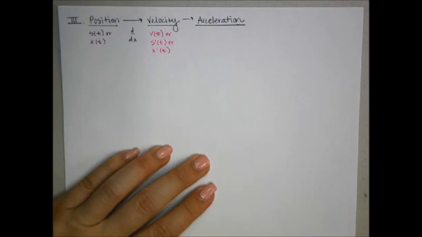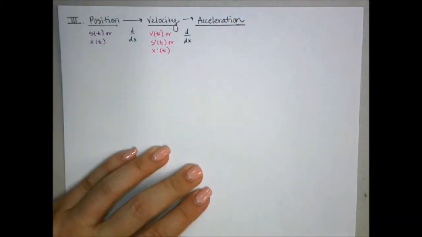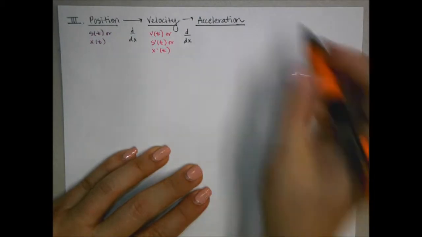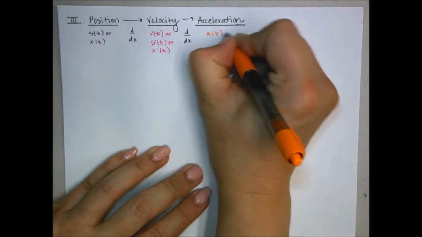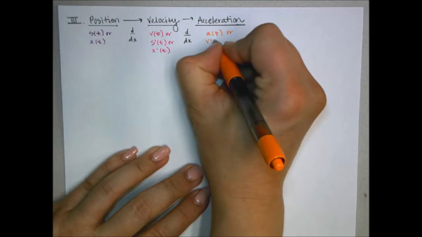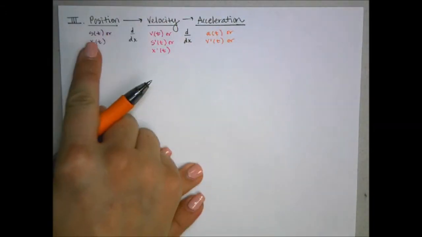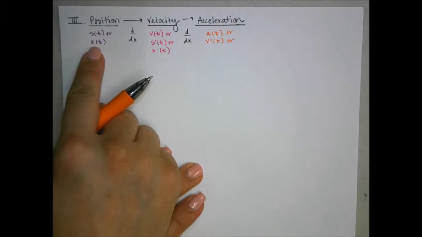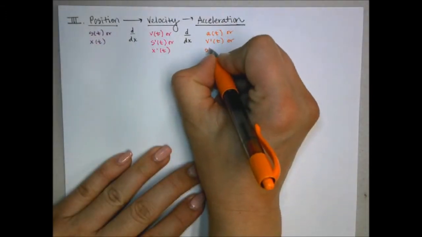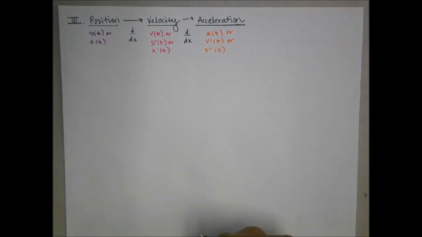Okay. To get to acceleration, we take the derivative again, and we get acceleration. So a of t, or the derivative of the velocity function, or at this point, we would have the second derivative of the position function. All right, so we're going to start with our position function.